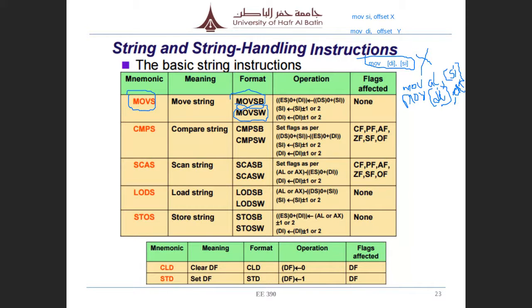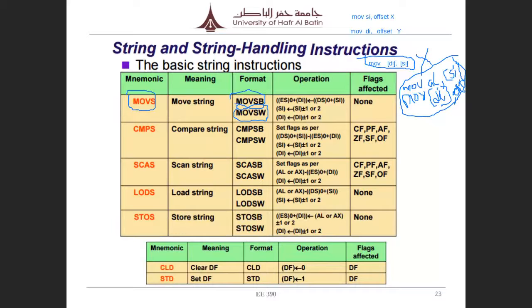So for copying a single data from one memory location to another, we have to use a register. But for a string operation, we don't have to use a register; we can do it directly. We will see the example.